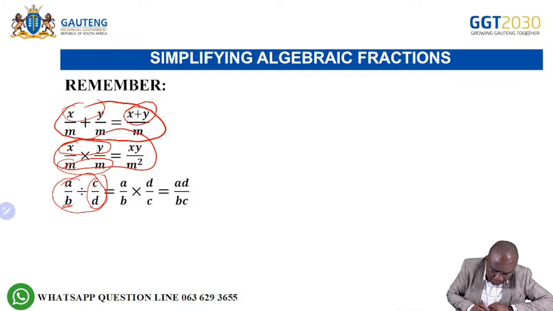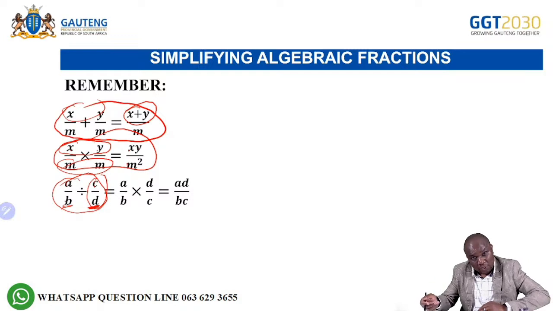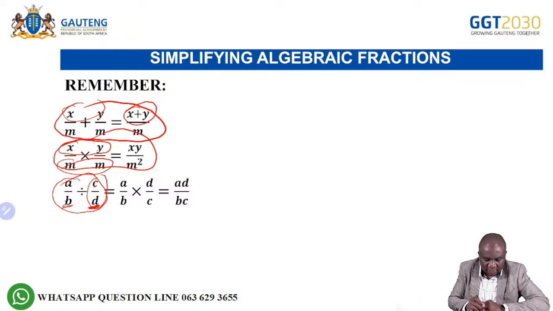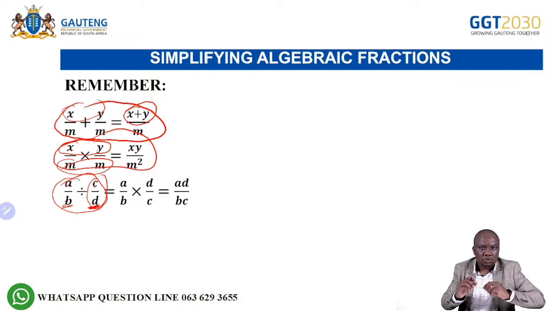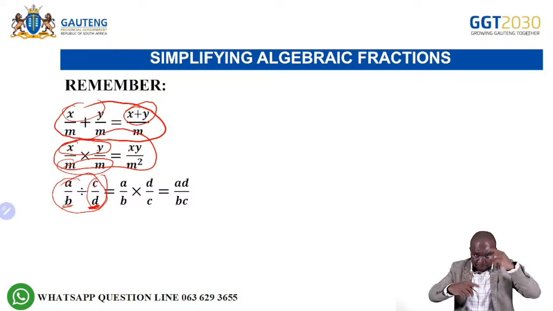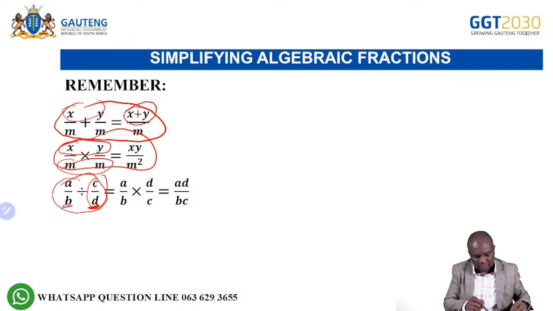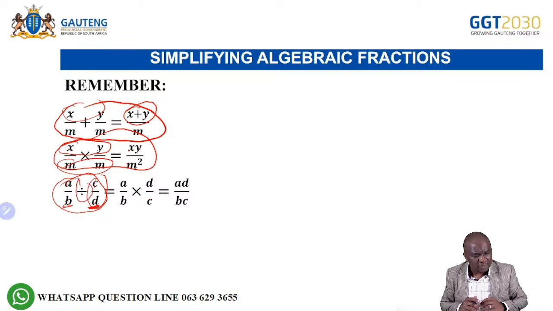So you invert the one you're dividing with, so it becomes d over c. You tip, invert, and change the divide to times. This is how we divide fractions. Please remember that.